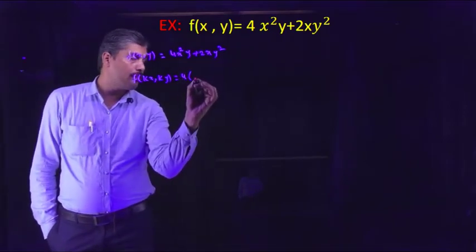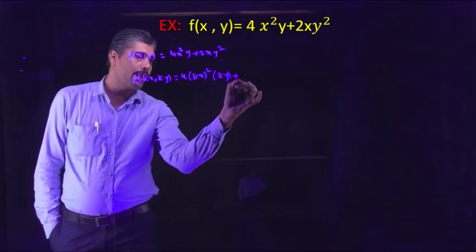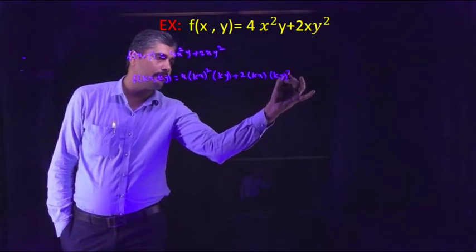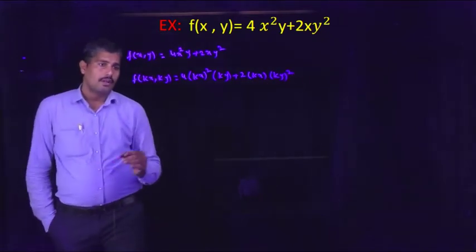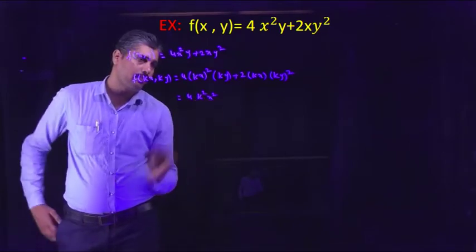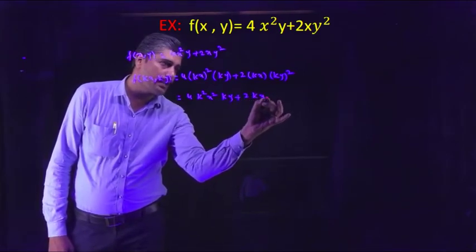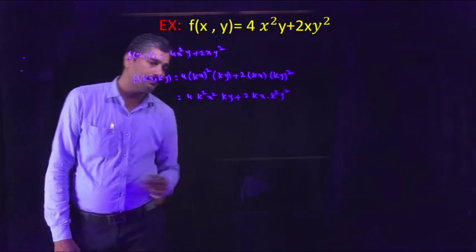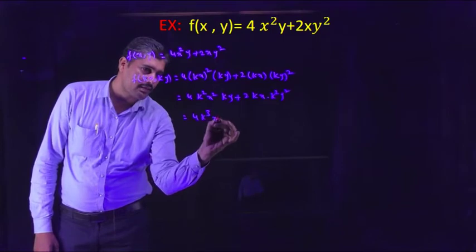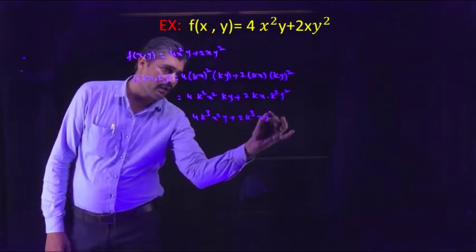4 into kx whole square into ky plus 2 into kx into ky whole square. That equals 4 into k square x square into ky plus 2 into kx into k square y square. That equals 4k cube x square y plus 2k cube x y square.